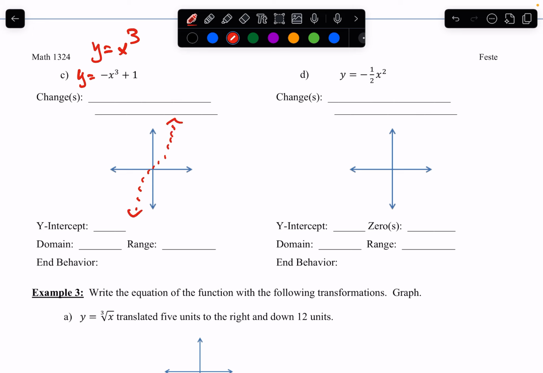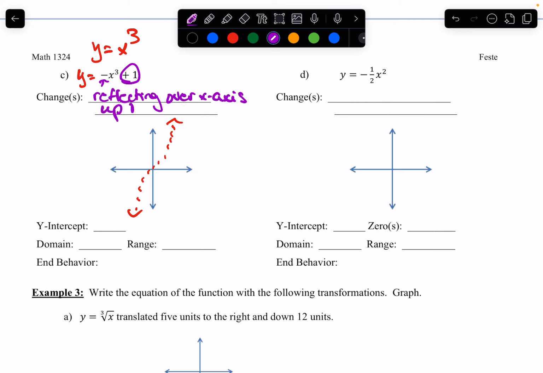Now, when we look at this, we have the negative here first. So we are reflecting over the x-axis. And then we have the plus 1. So we are going up 1.